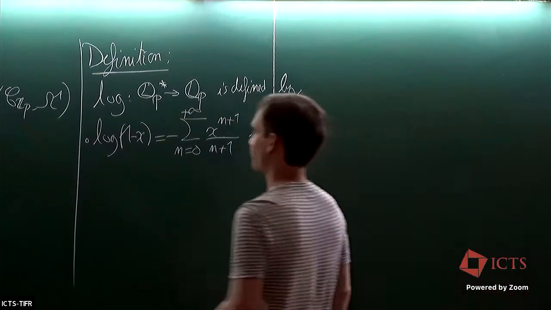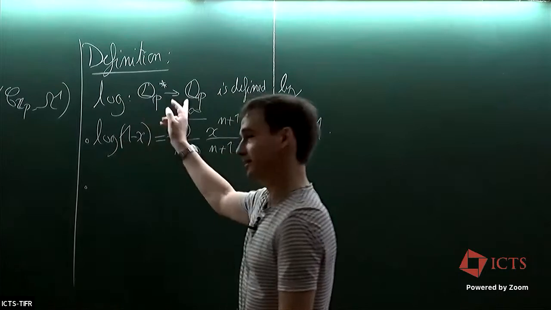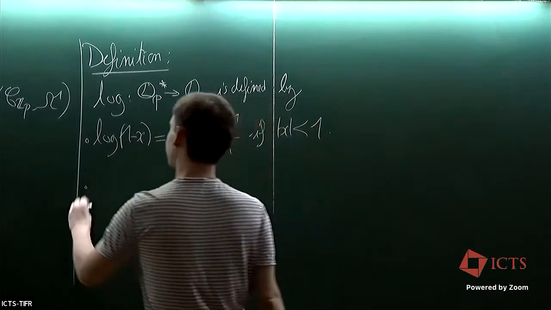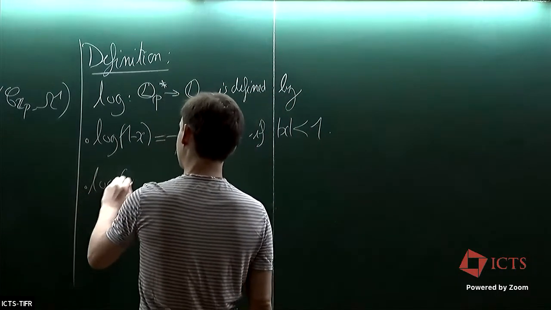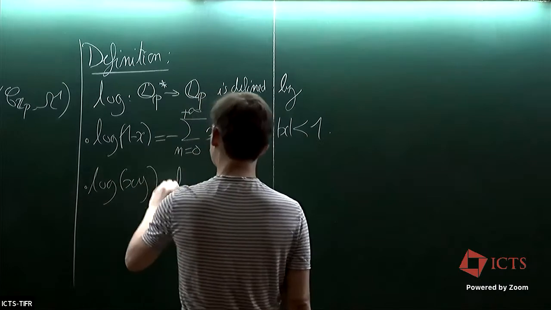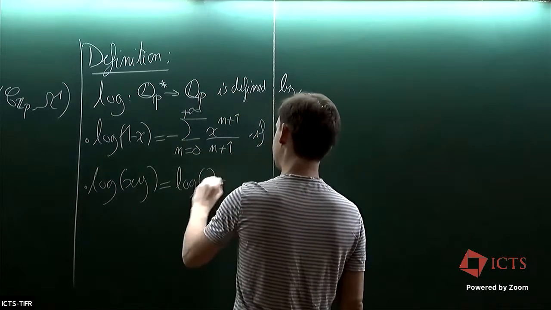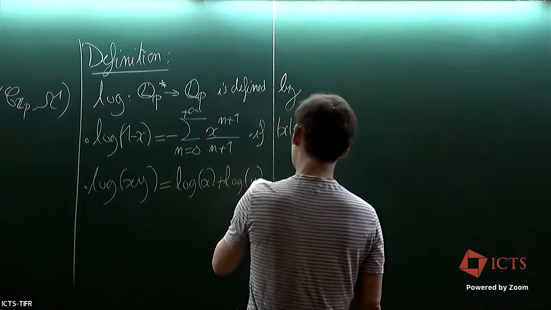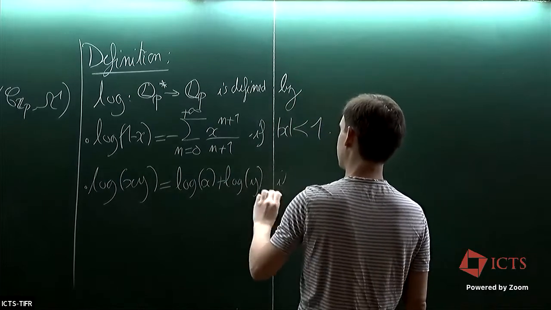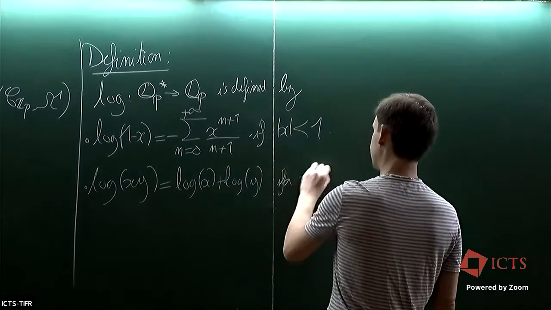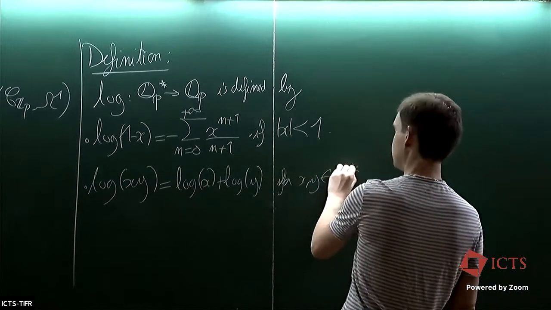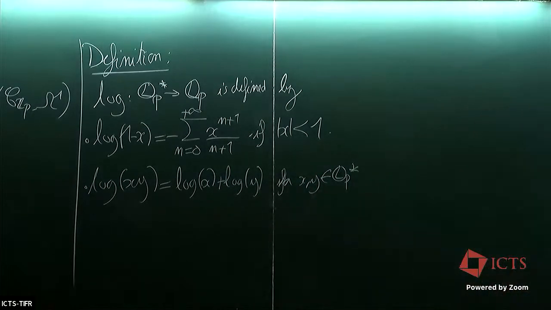I'm fine. Now I also wanted to have the formula for the log. So log of xy is equal to log of x plus log of y for x, y in Q_p star. Okay, I want it to satisfy the formula. That's a second good thing.